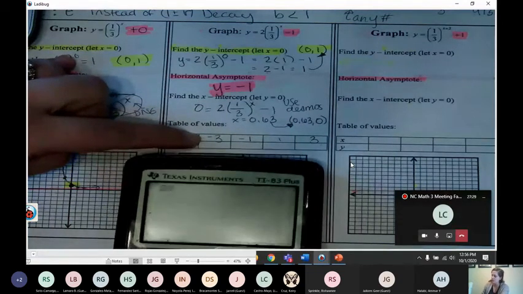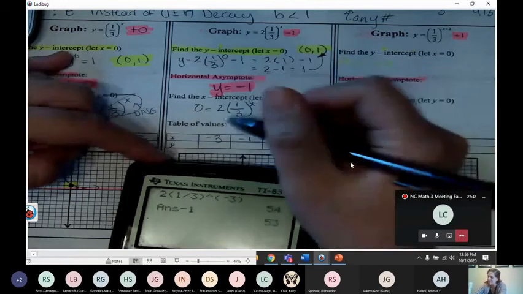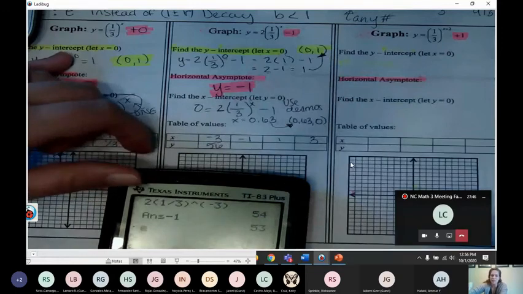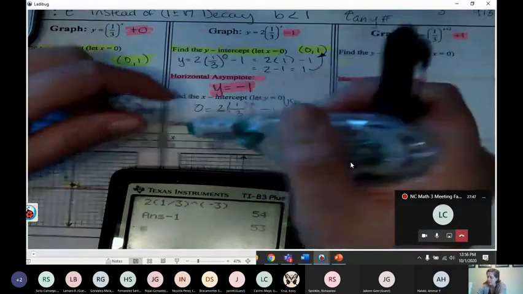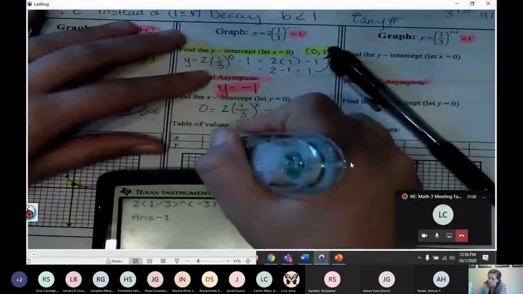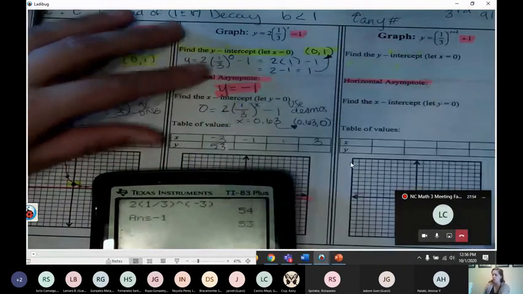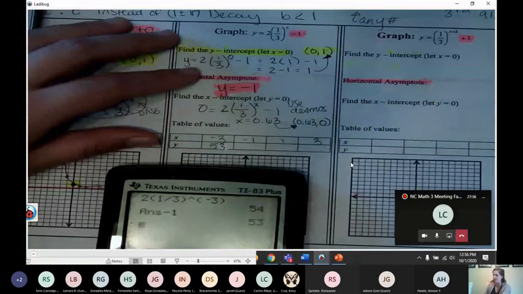Okay, so 2 times 1/3 to the -3 power, and I'll see what that is, and then I subtract 1. That's a pretty big value. We get 53. Oops, I wrote 56 for some reason. I don't know why. There wasn't even a 6 anywhere on this page. So 53. That's huge, so we won't be able to fit that on here.